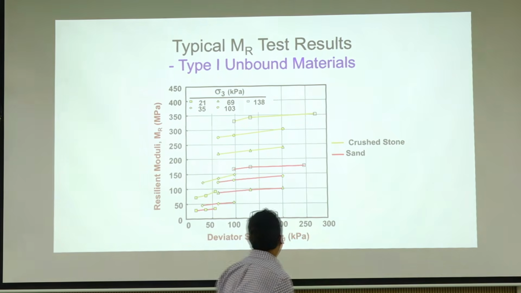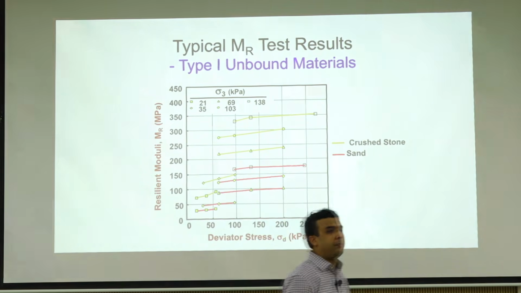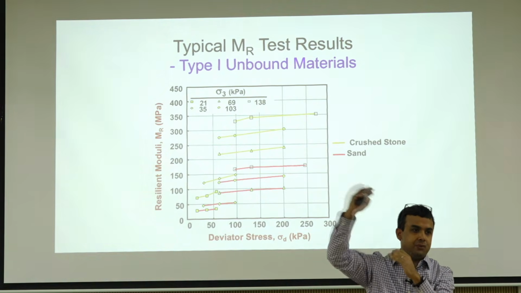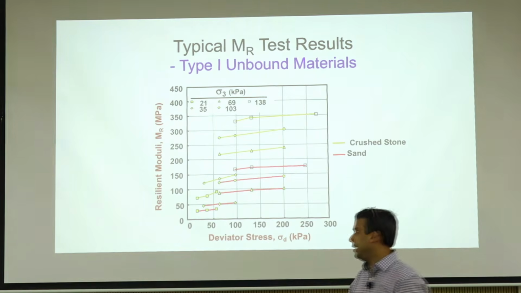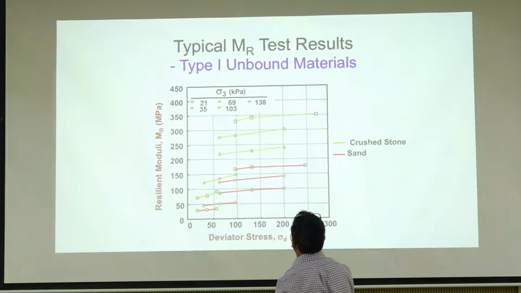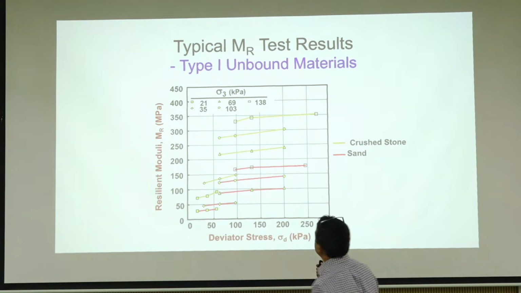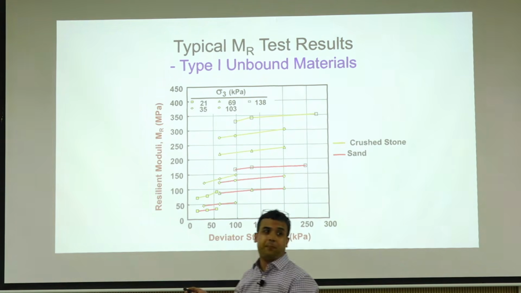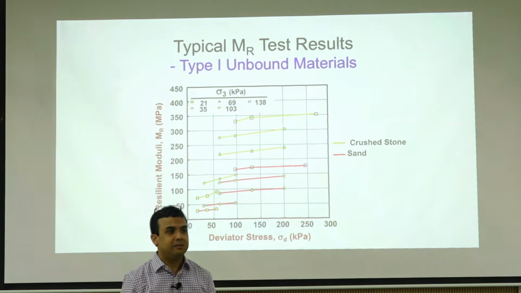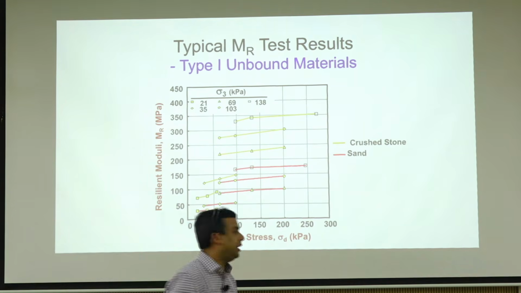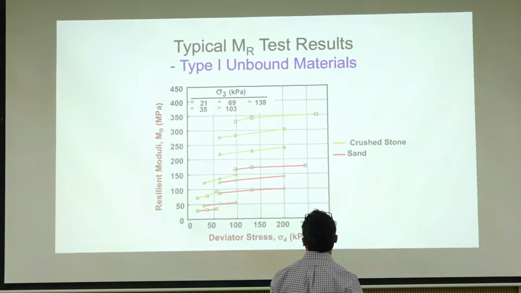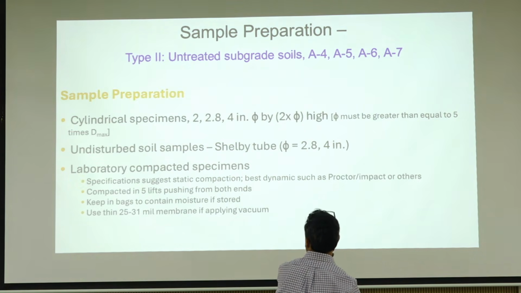And ideally, and we're going to talk about bulk stress, it should increase as the stress values increase for a coarse grained granular material, a stress hardening material. Crushed stone goes all the way up to say 350 in this case. So 350 megapascal is about what? 50 KSI, 50,000 PSI, which is on the high side, I think. My maximum values probably have been somewhere around that range.